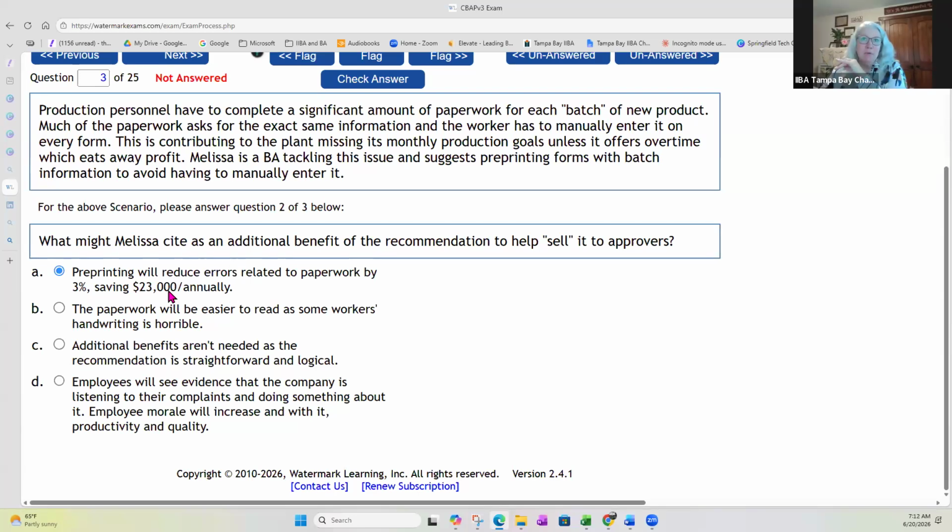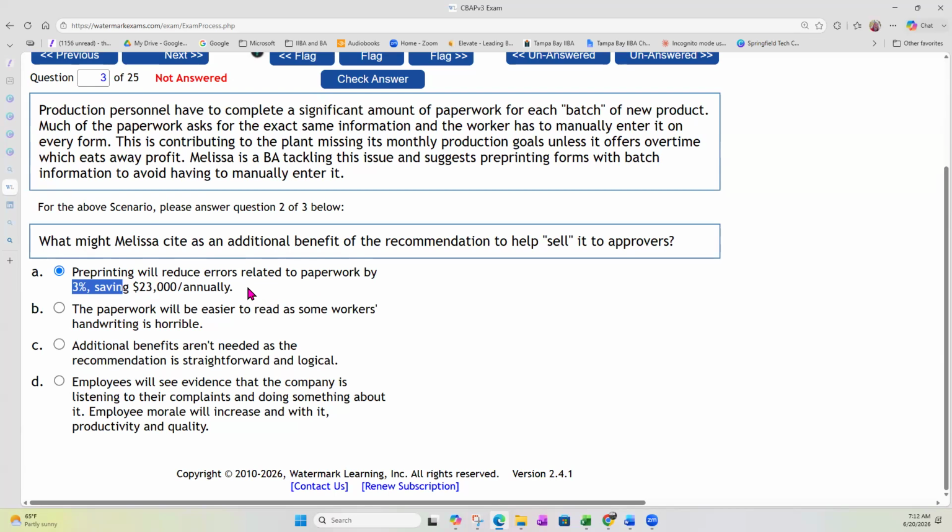To have found these numbers, they would have had to do a study of what the impact of the errors were, how much additional time it took. There's going to be: what is the result of having an error? How long does it take to repair the error, and what could they have been doing instead of that time to make profit?